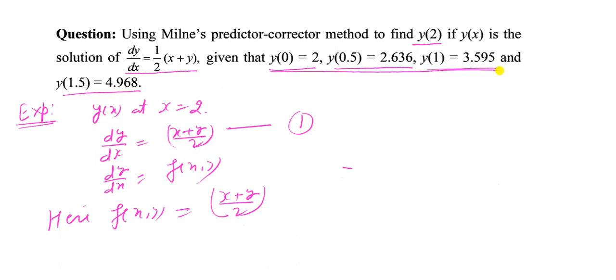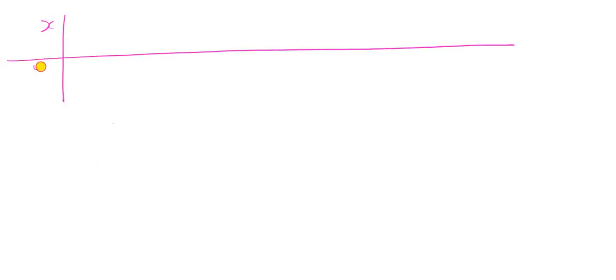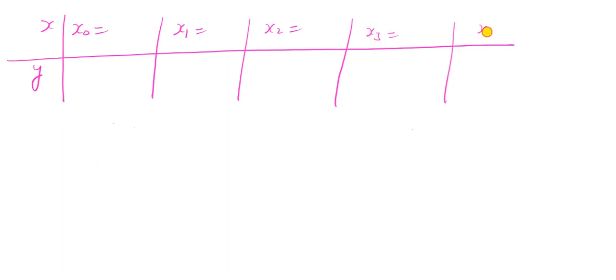So, the table is: these are the x arguments, that is x values, and corresponding y values, for x0, x1, x2, x3 and x4.